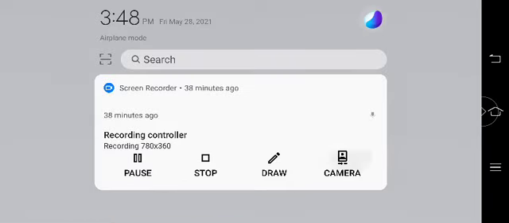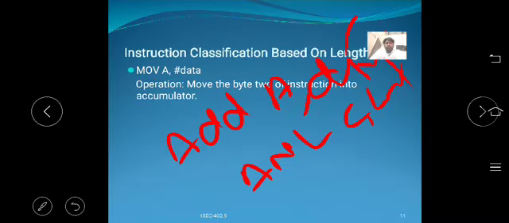That means in the 2 byte instructions, the first byte always indicates the opcode, and the second byte is either immediate data, direct address, bit address, or relative address.